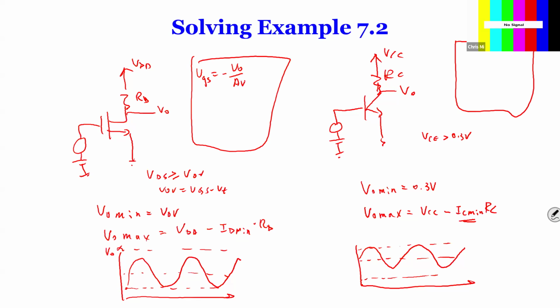So that's your range. And VB here, of course, is the same thing, minus VO over AV. But of course, the minus sign here doesn't really do a lot because you're doing the range. So you could take the minus out and just take the absolute value. That gives you the input swing range.